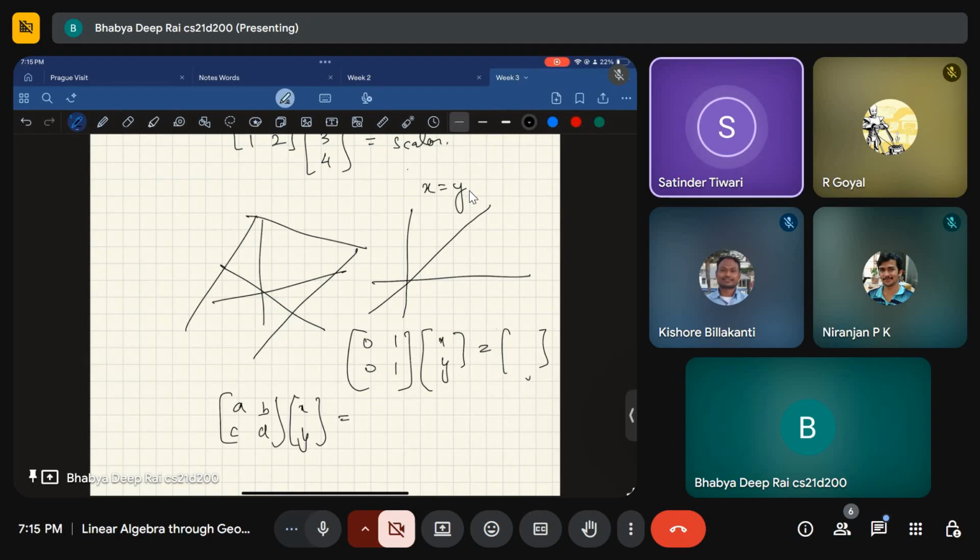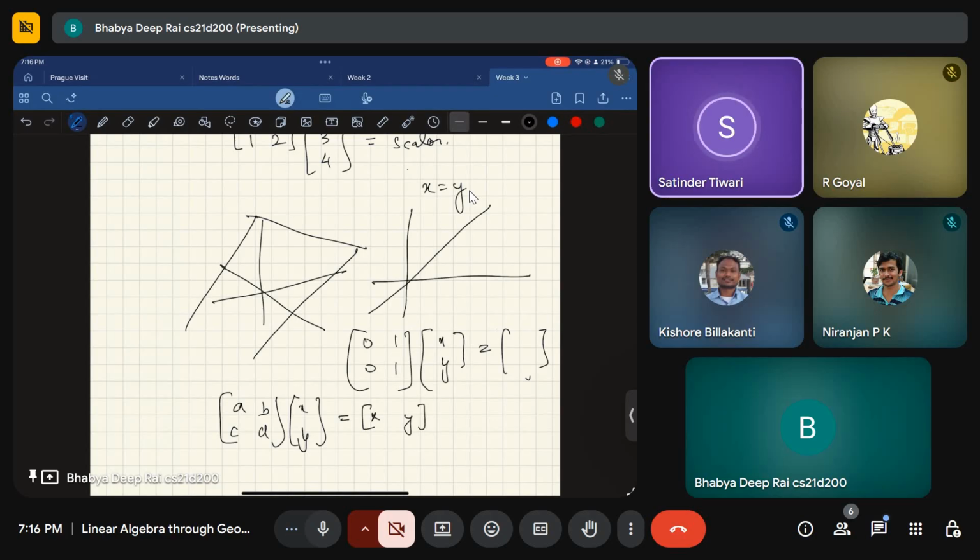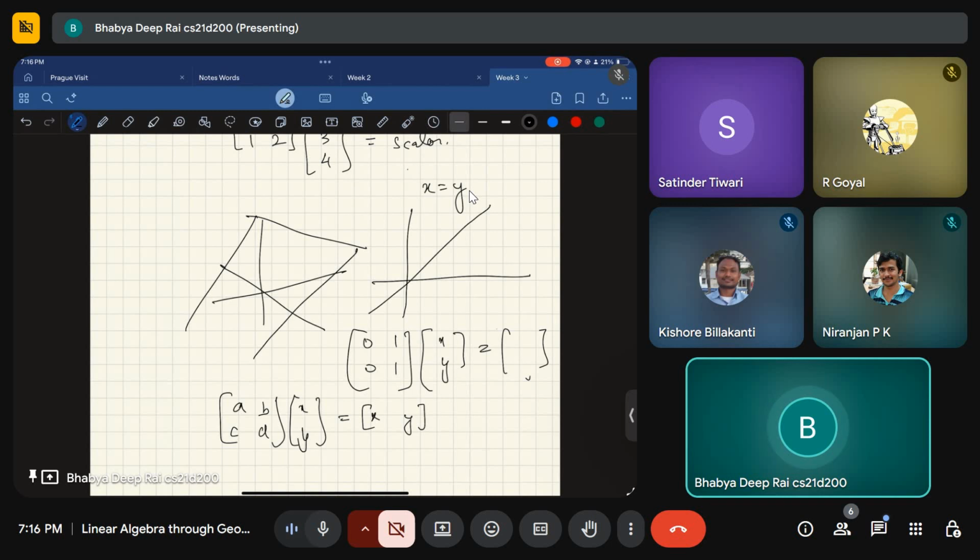I'm trying to find out the dimension of the transpose. So what will be the dimension here? This will be 2 cross 2 times 2 cross 1.